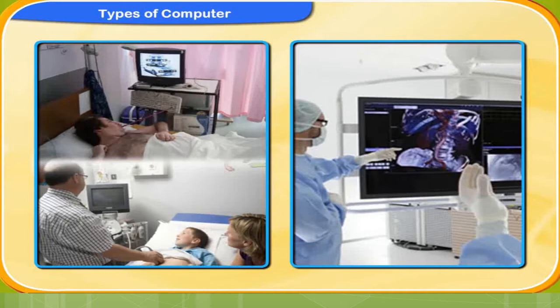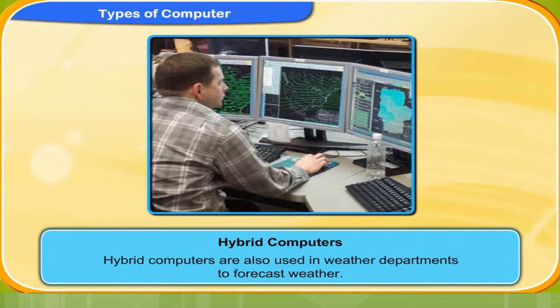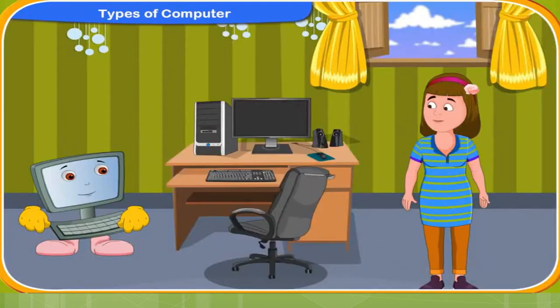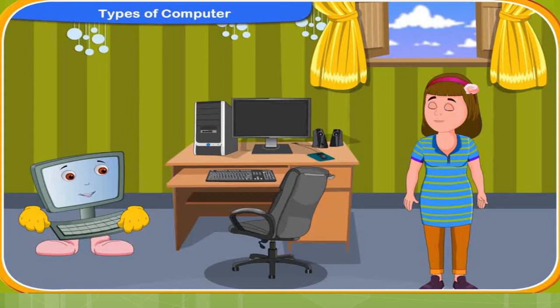Its digital features are used to observe the vital signs. Hybrid computers are also used in weather departments to forecast weather. What type of computer is my desktop computer? It is a microcomputer and so is a digital computer.